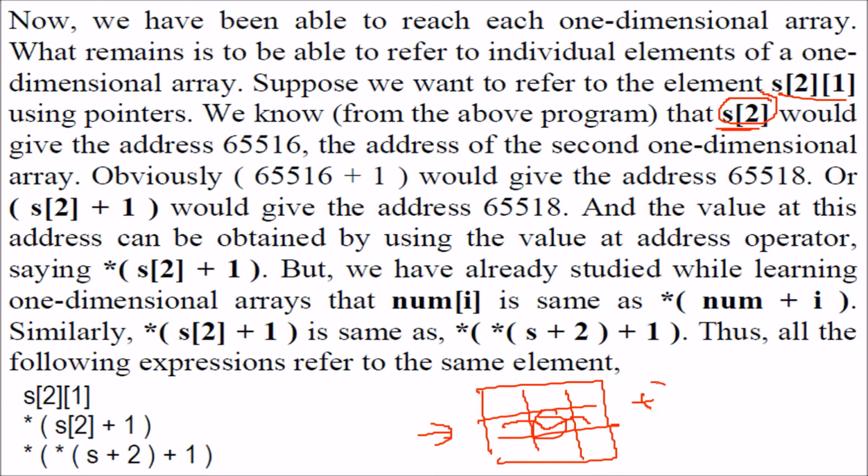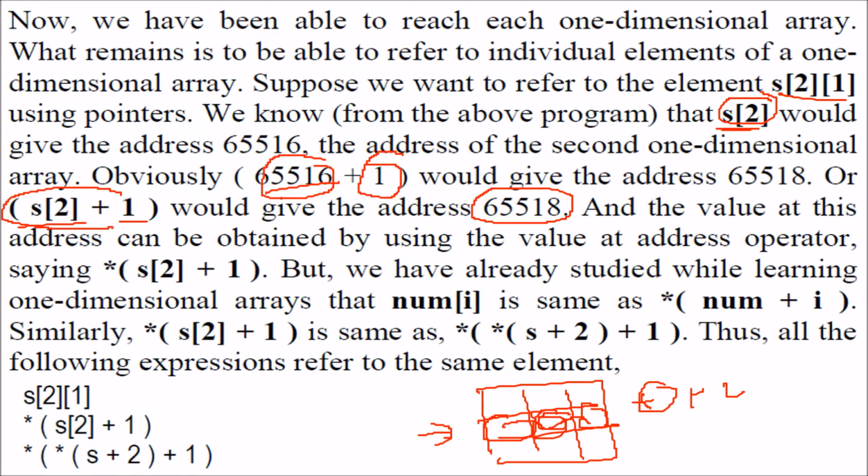If you add 1, you find this value, plus 2 you get this value, plus 3 you get this value, because adding 1 to the address gives you the next address, not 65517 but 65518. So s[2] is actually the address, and when you add 1 to the address, you go to the next value.